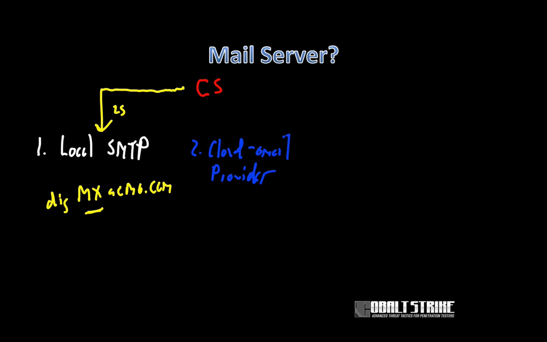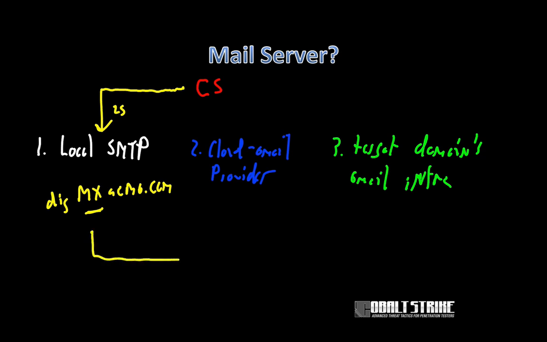That DNS record is the MX record, or mail exchanger record. Our local SMTP server will then connect to our target domain's email infrastructure. So let me write that in and draw a little arrow of our local SMTP server connecting to that mail server and saying, hello, I have a message for you, here it is.